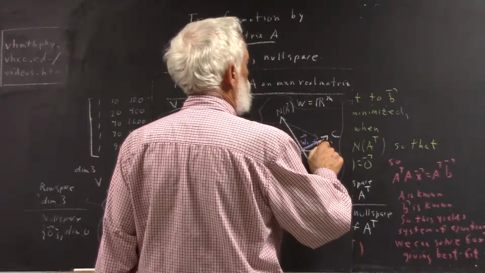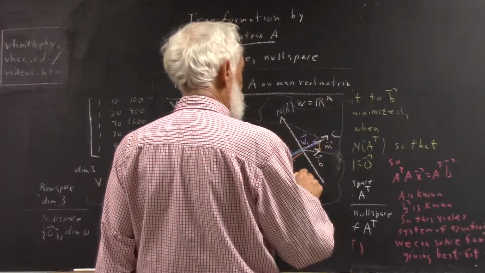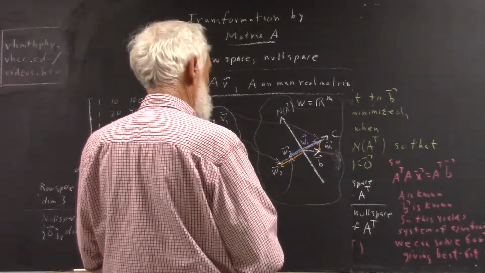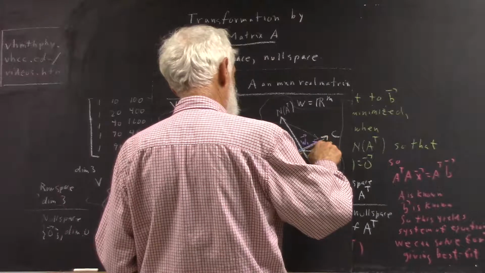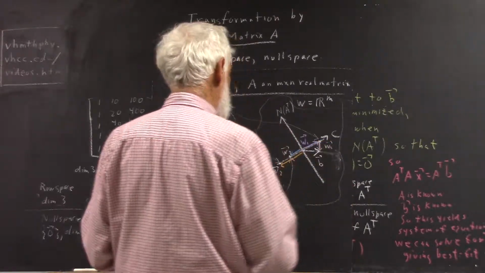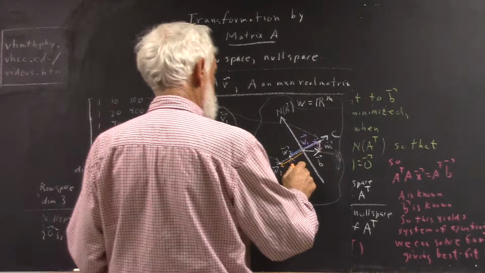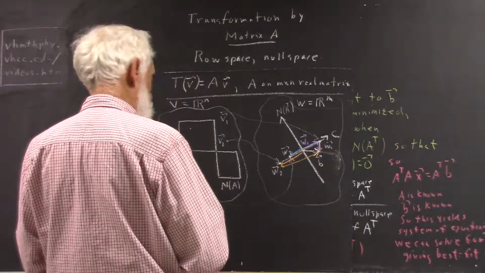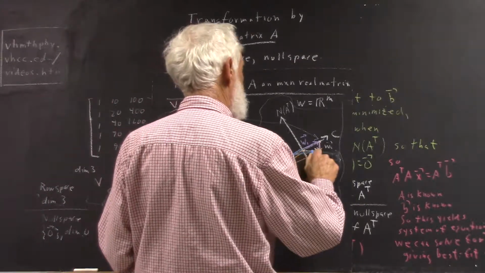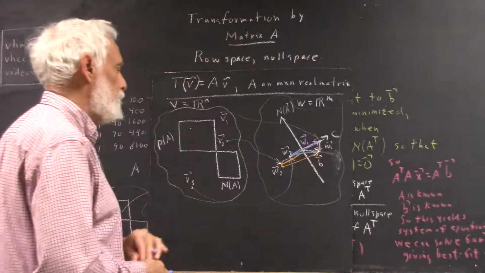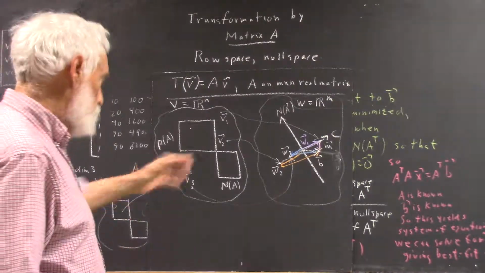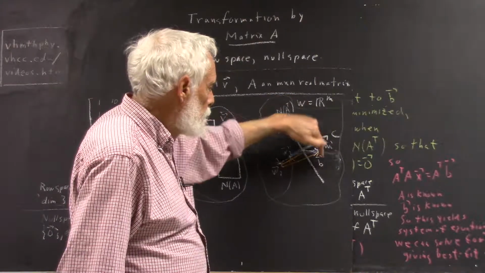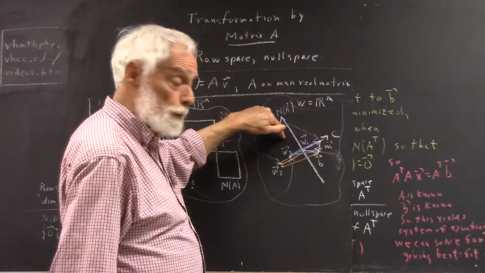Here's how far this vector is from B. W2 is this far from B, and W1 is this far from B. It's pretty clear by this picture that W1 is closer to B than either W2 or W3.